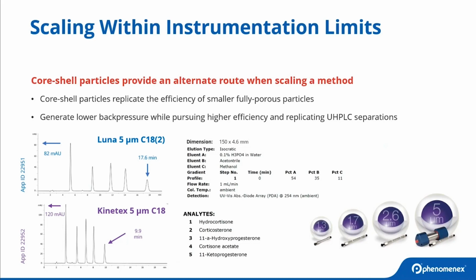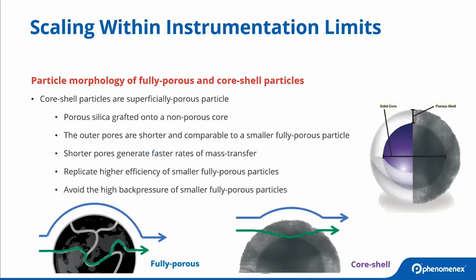But how does this actually happen? When we generate a core shell particle, we actually use a non-porous silica core onto which we then apply porous silica. Specifically, the porous silica is grafted onto the smaller non-porous silica bead.